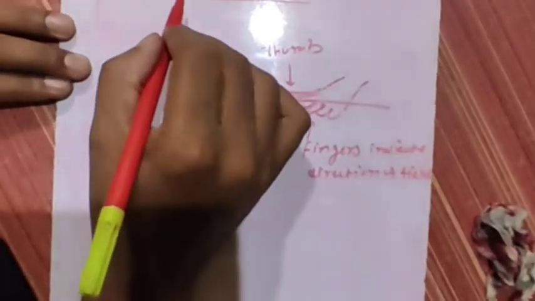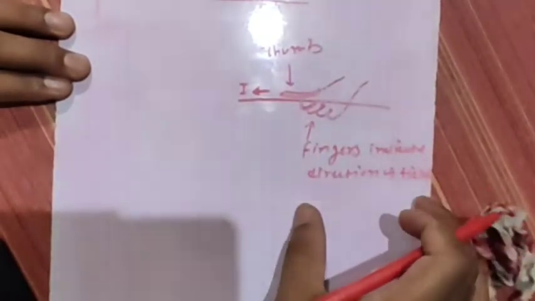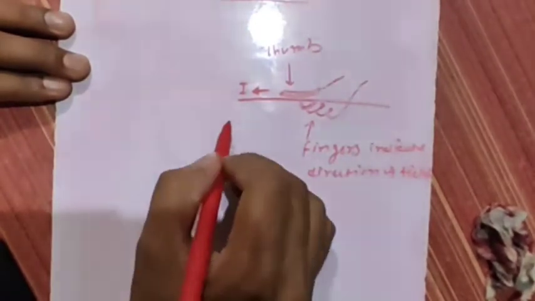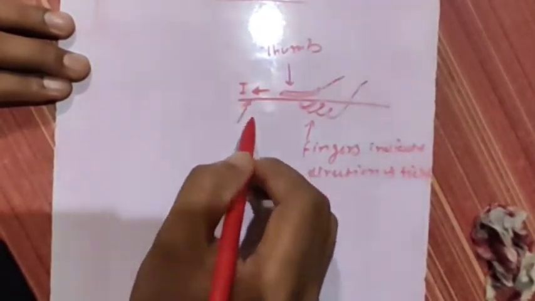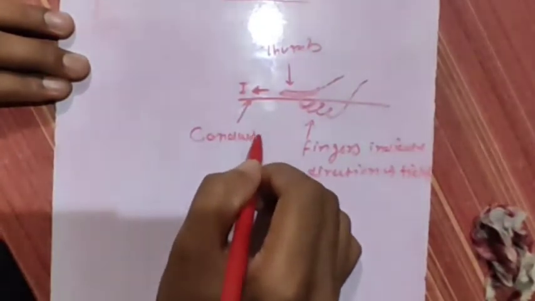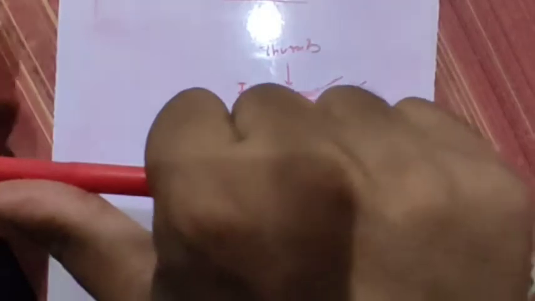Next is the right hand rule for finding the direction of current and direction of fields. We take a conductor. Suppose this is a conductor and that is the right hand rule, so we use the right hand.